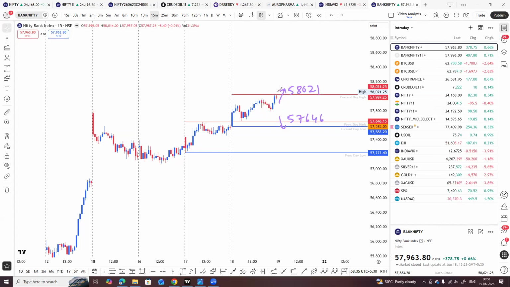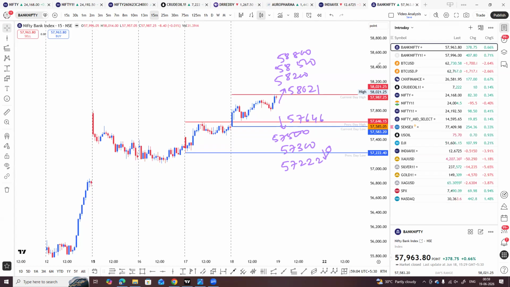The levels above, like 58,200, 58,500, and 58,800, are going to be the major resistances, and the supports are 57,500, 57,300, and 57,222, because these are the major supports.